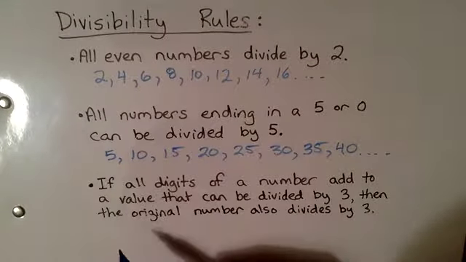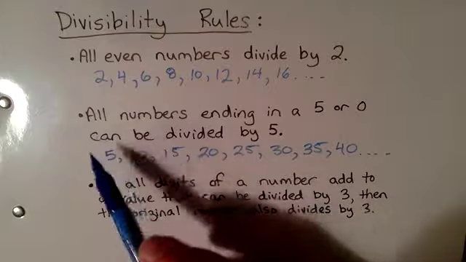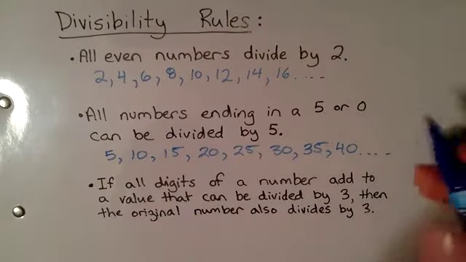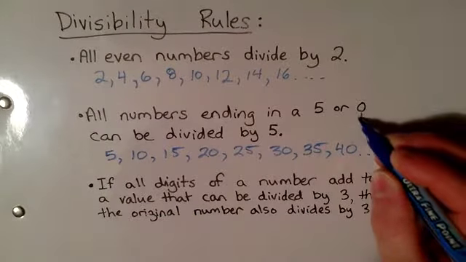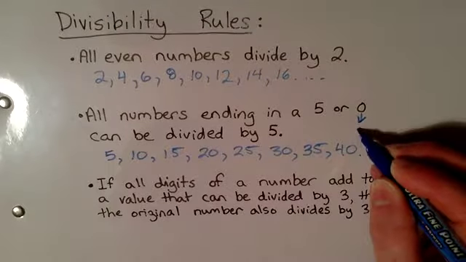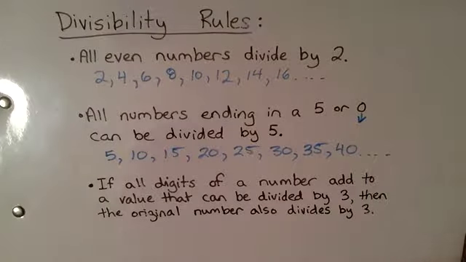The next rule, actually I should mention with this one as well, any number that ends in a 0 can also be divided by 10. And I'll show you why that is.